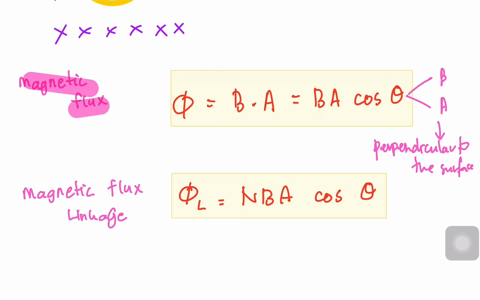The other one is magnetic flux linkage, in other words the total magnetic flux. For this linkage or total magnetic flux, we write phi L equals NBA cos theta, where N is the number of turns. As I said, this is the total magnetic flux.